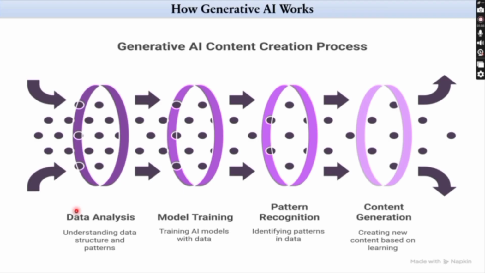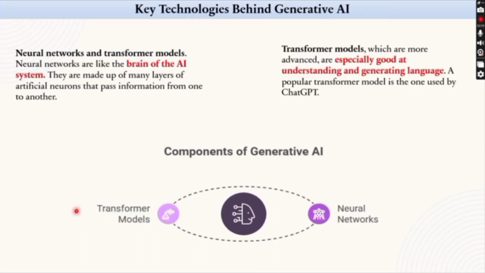Once the training is complete, the AI can generate new content that looks similar to the data it has seen before. For example, if it has been trained on thousands of poems, it can generate a new poem in a similar style. It does not just copy old data; instead, it combines the knowledge it learned to create something original and new.